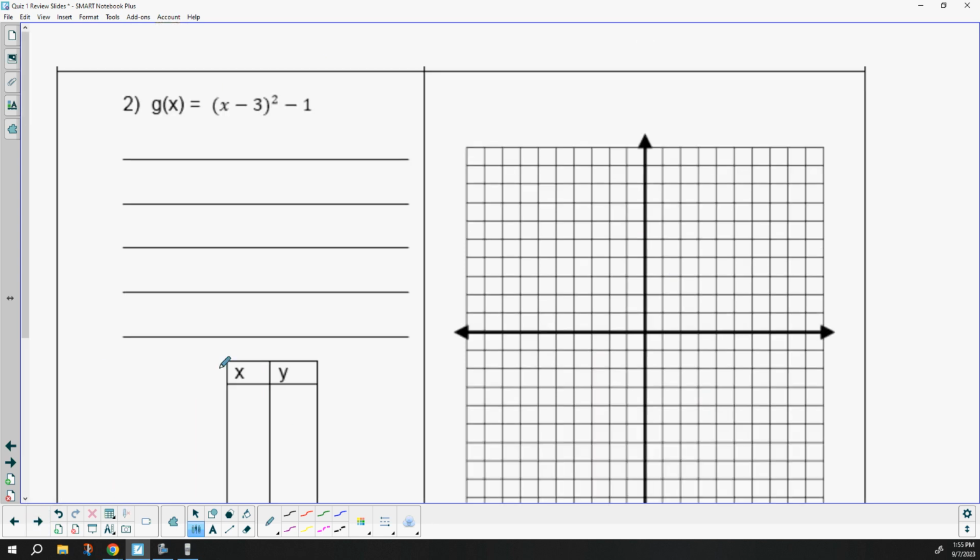All right, this guy, again, left to right. I don't see a negative. I do see parentheses. I have to think opposite. So we're not going to the left, we're going to the right by 3. I'm not going up, I'm going down because it's a minus 1.